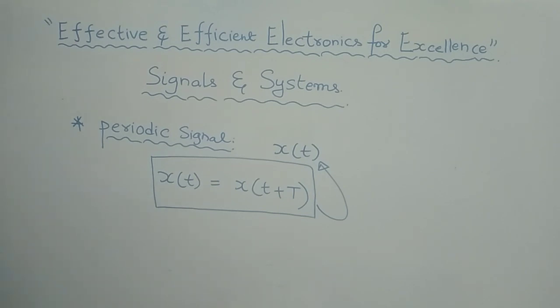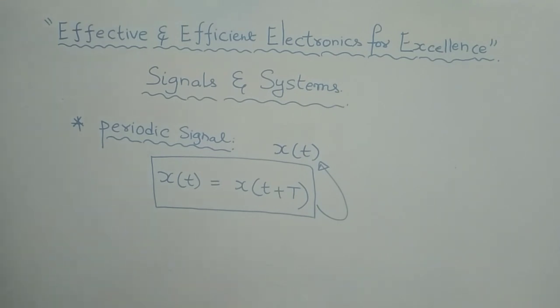If it satisfies that condition, then the given signal x of t is called a periodic signal. If it does not satisfy, then the given signal is said to be an aperiodic or non-periodic signal.